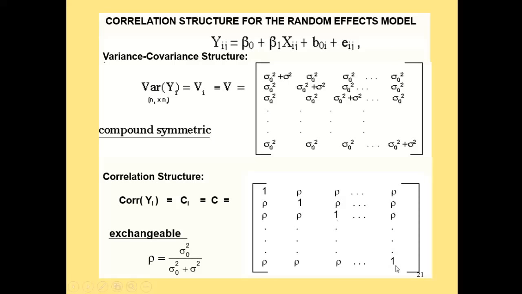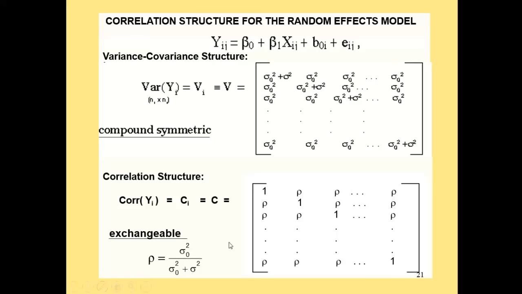All of those correlations are going to be 1. And then the correlation between observation 1 and observation 2 on subject i is going to be rho. Between observation 1 and 3 is going to be rho. Between observation 2 and 1 is going to be rho, all the way down.